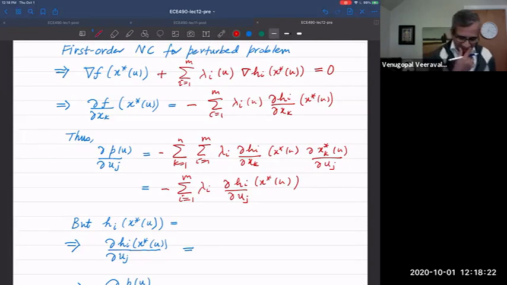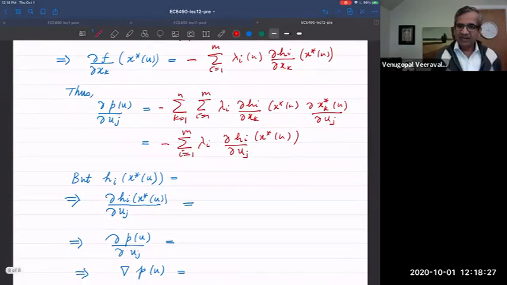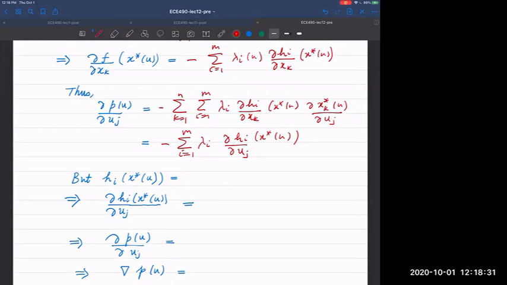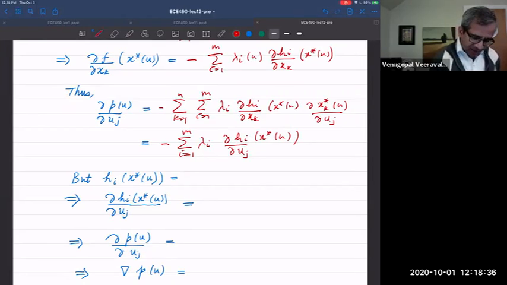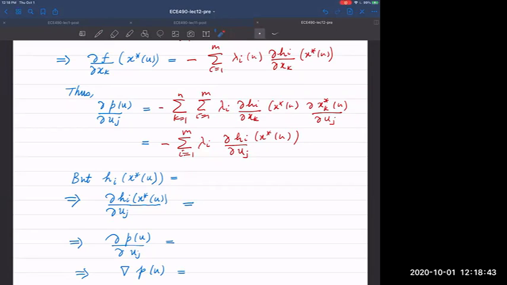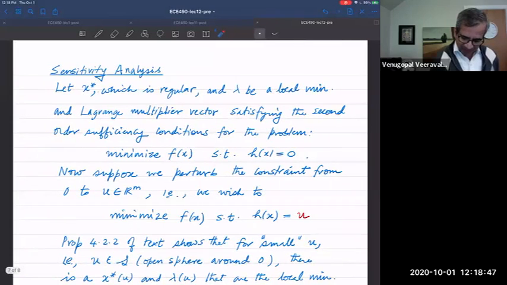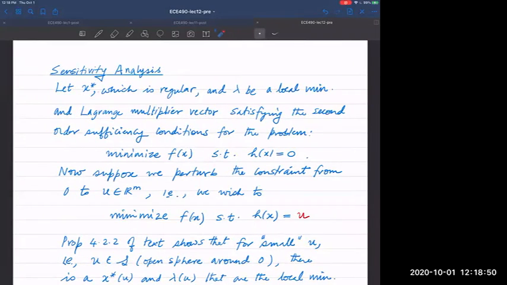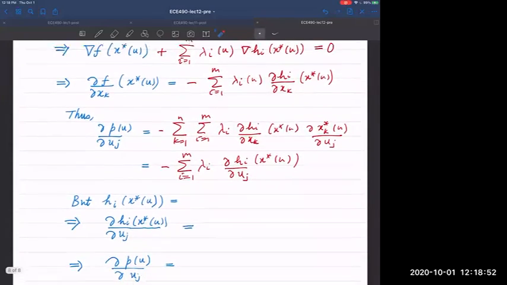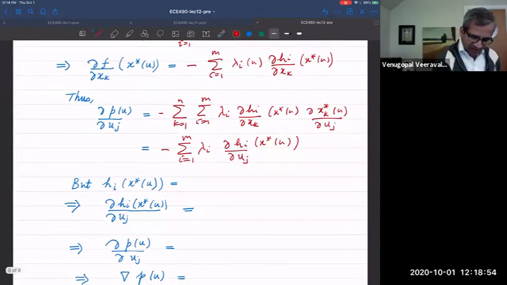Okay, so now I'm ready to compute this. What's the partial of h_i of x star with respect to u_j? What is h_i of x star of u equal to? It's the perturbed constraint, right? Remember, we are perturbing by u, so if I look at the ith component, it'll be u_i.